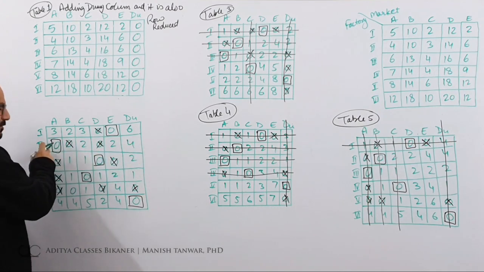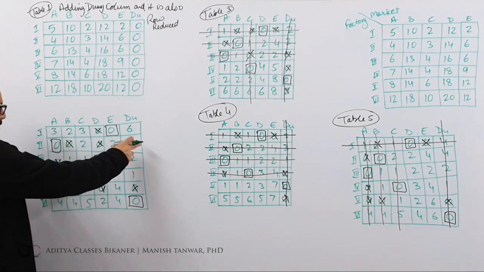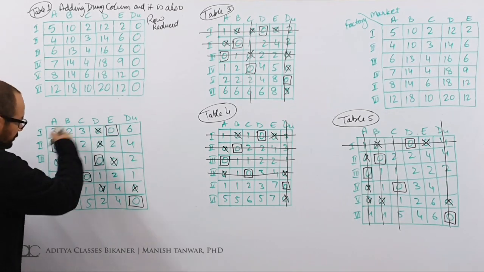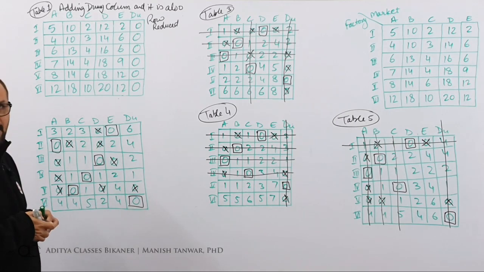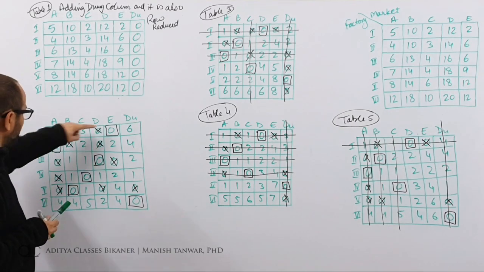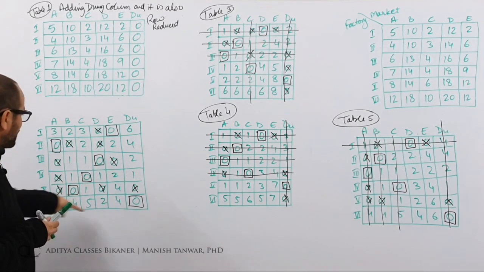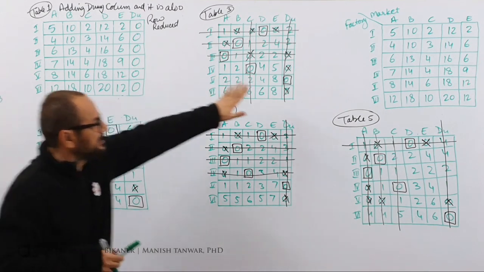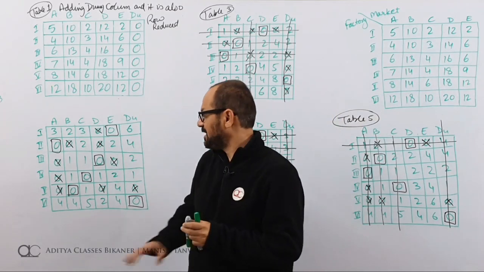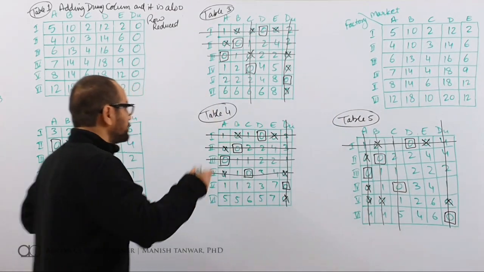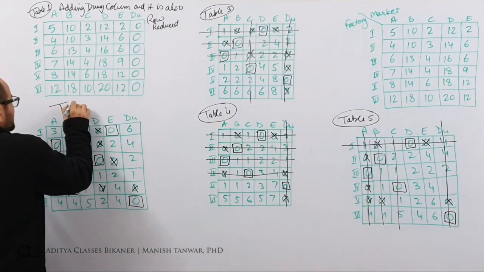You can select any. Now if you scan the complete matrix, there is only 1 zero. So we have 1, 2, 3, 4, 5 and 6 assignments. In 6 rows, 6 columns, now I have my 6 assignments. Hence I have reached my optimum solution after the 6th table.